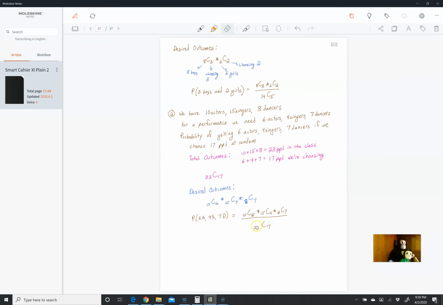So this is our answer here. So the 10C6 is the actors. The 15C4 is choosing the singers. And the 8C7 is choosing the dancers.